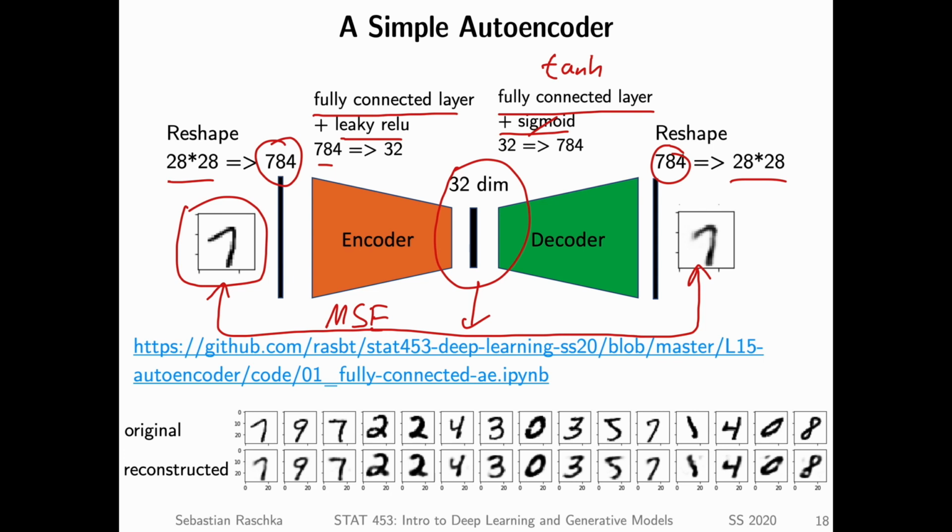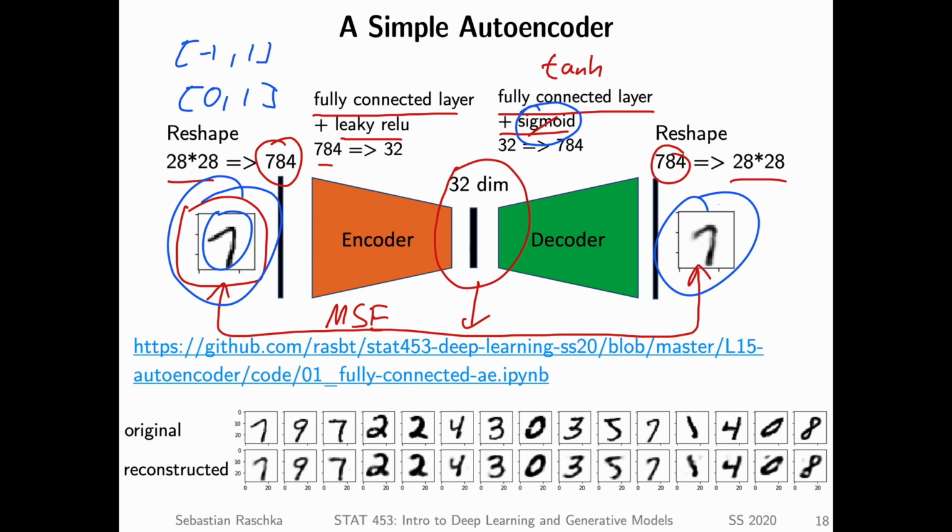You just have to be careful when you use one or the other, because remember, when you minimize the difference between this one and this one, these two have to have the same scale, right? So if you use the sigmoid function, then make sure that the pixels here are in the 0, 1 range. And if you use tanh, make sure the images are in the range -1 to 1.